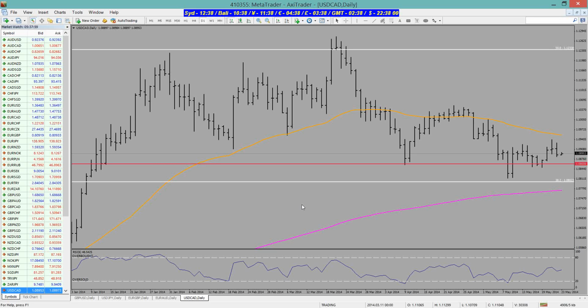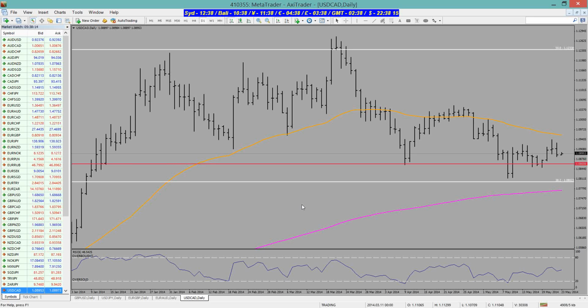And so the euro yen you could be looking at it as a range. This dollar CAD, you could be looking at it as a range, or you could say, well, no, it's making lower lows and lower highs, so we're actually in a trend.